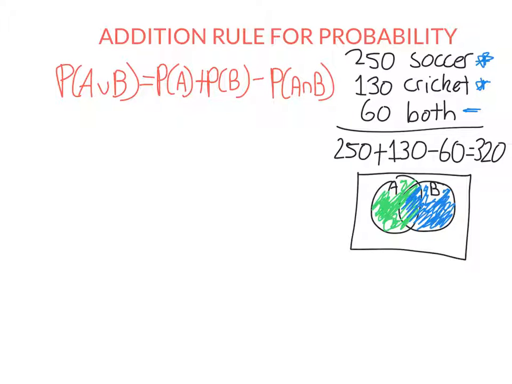That's why it's been double counted and why I need to subtract it. So this is the rule for probability. The probability either A happens, B happens, or both happen, you add up their respective probabilities and subtract the probability that both happen.